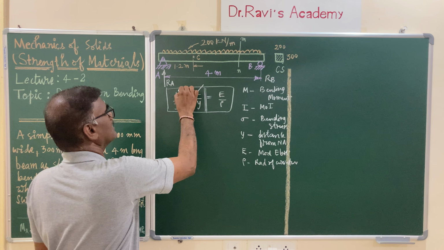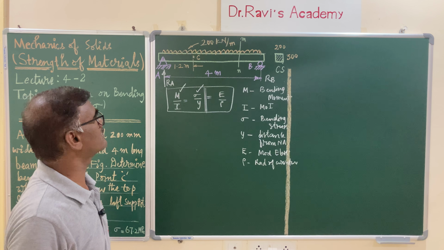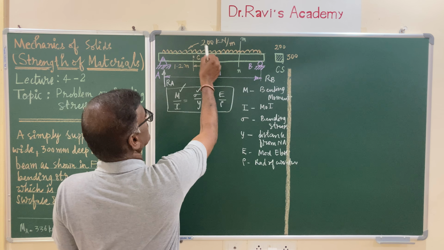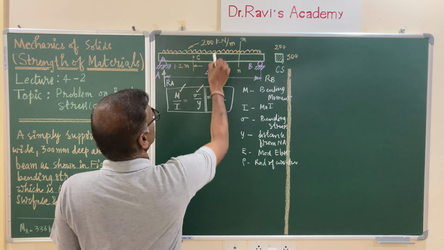To write the bending moment, you need to find the support reactions. The total load is 200 kilonewton per meter into 4 meters.